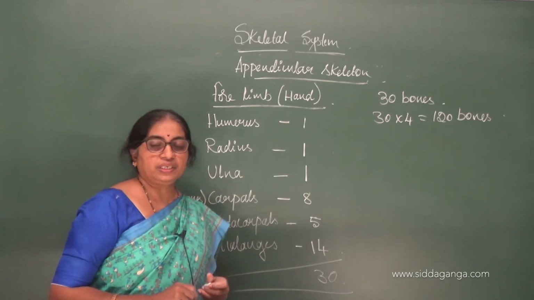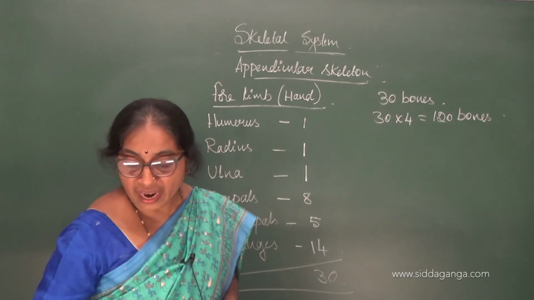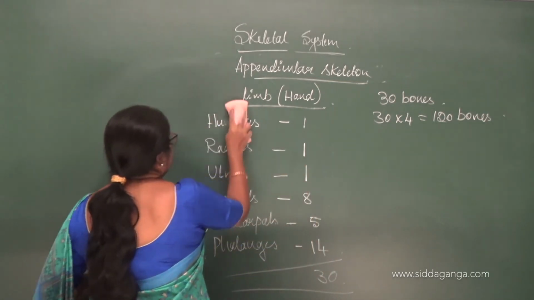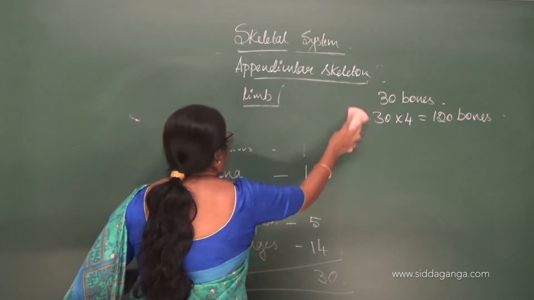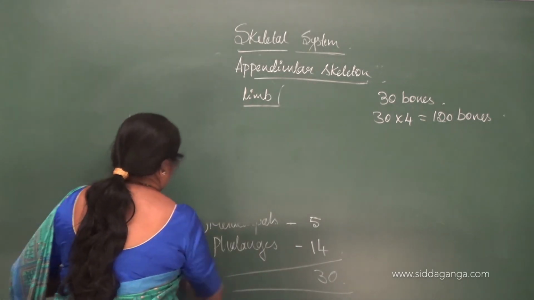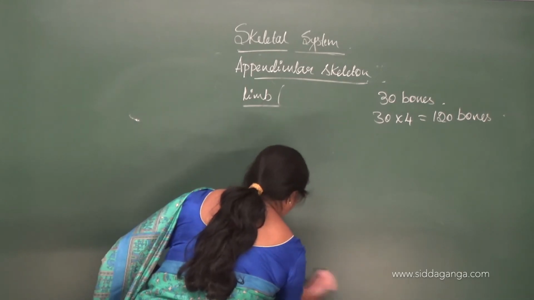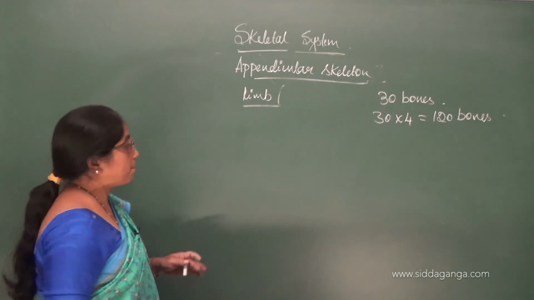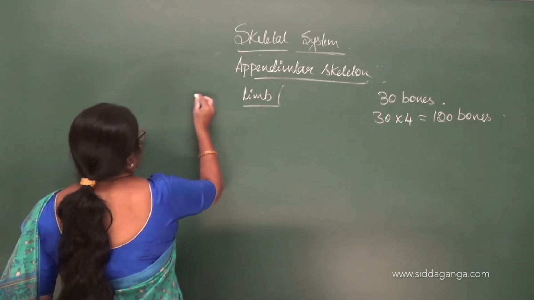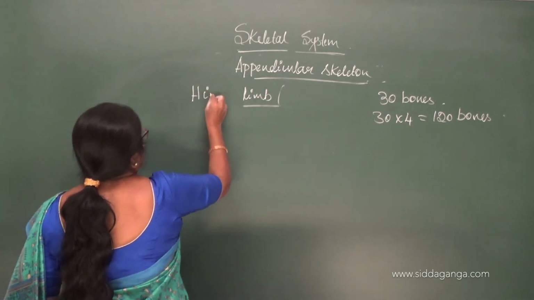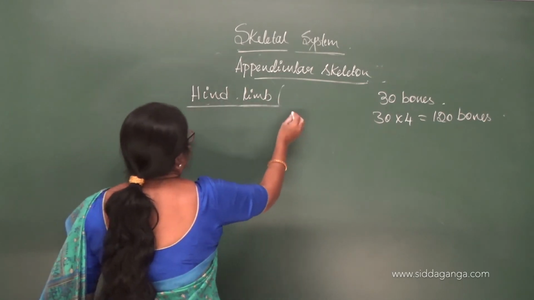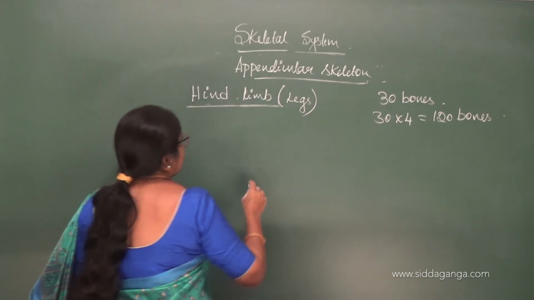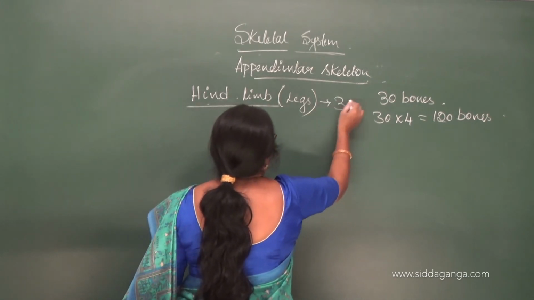So now coming to the hind limbs. Hind limbs refer to the legs, the bones of the legs. This is the hind limb, which also comprises 30 bones.